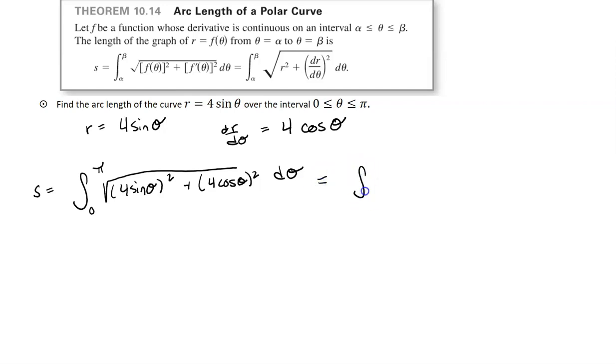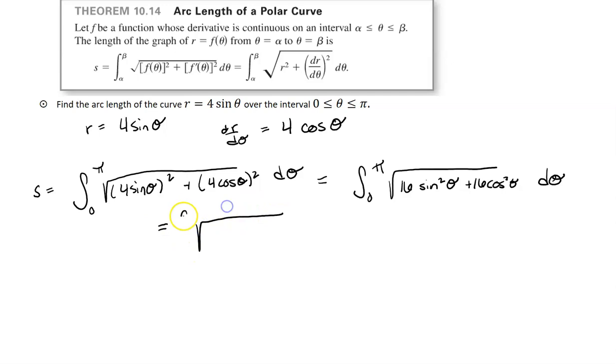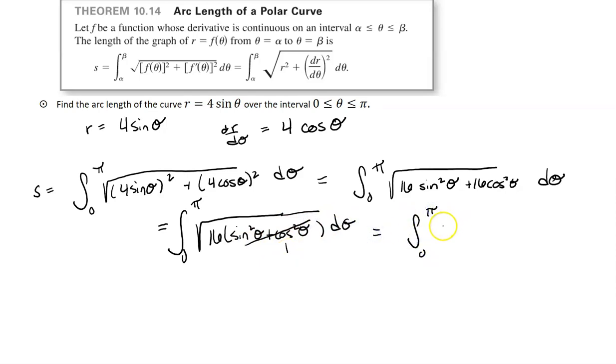So here I would have the integral from 0 to pi of the square root of 16 sine squared theta plus 16 cosine squared theta d theta. And if I break out the 16, that's just sine squared of theta plus cosine squared of theta, which we know is 1. So really we have the integral of the square root of 16, or 4 d theta.